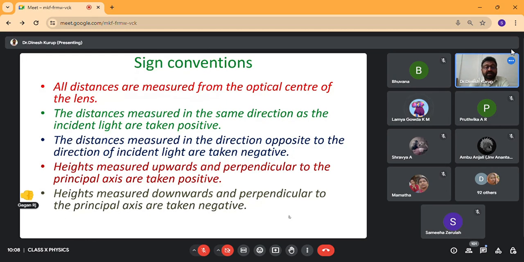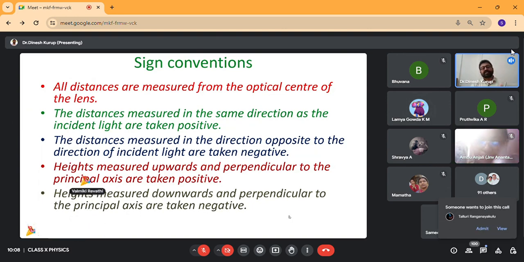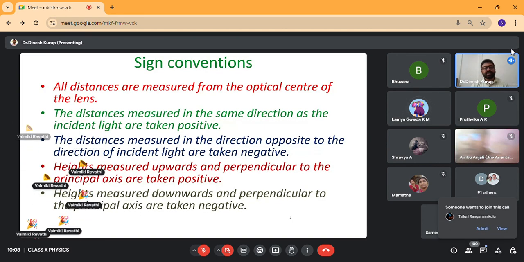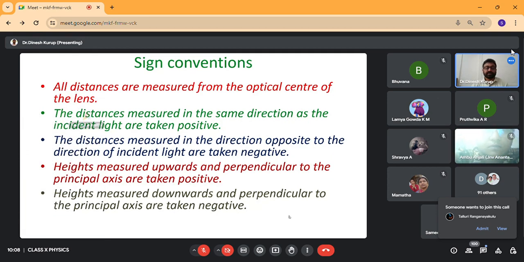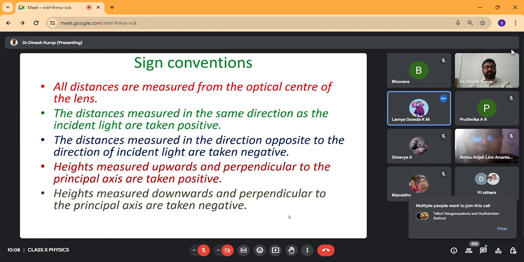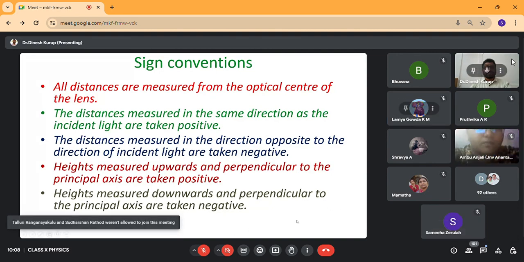We have three rules of image formation. The first one is, if a light ray is parallel to the principal axis, it will bend and go through the focal point. So we take a parallel light ray. Like that, to represent the three rules, we pick up three or four different light rays and mark them. Okay, sir. Got it. Thank you.